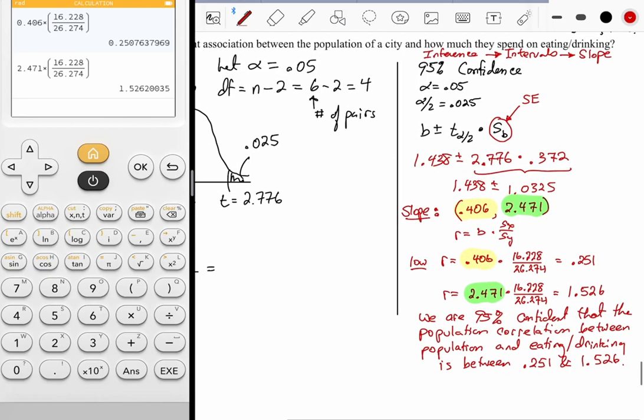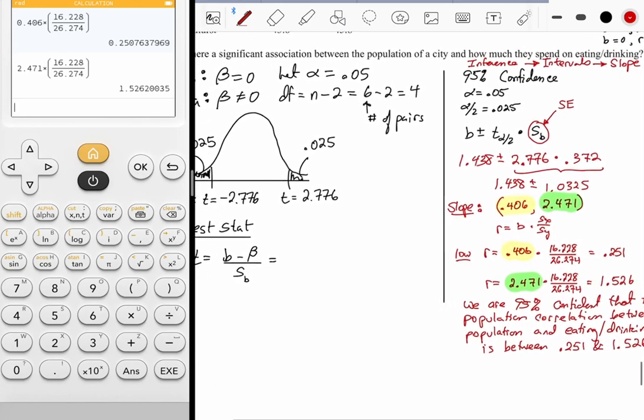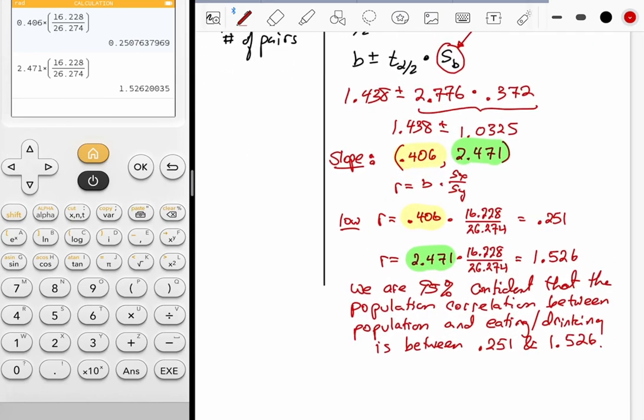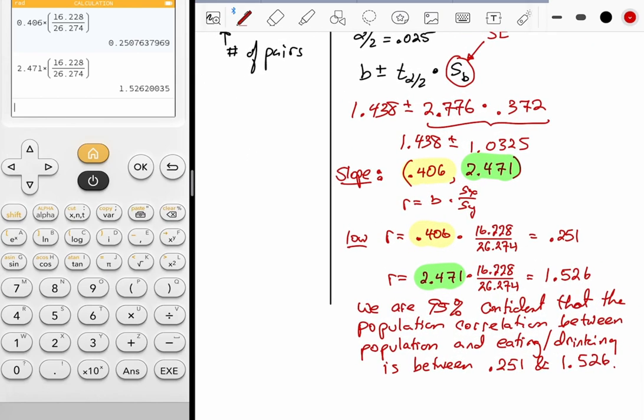All right. So we took care of the confidence interval, but now we have to go back and take care of the associated hypothesis test. Fortunately, we have all the numbers. It's just a matter of putting it all together. All right.